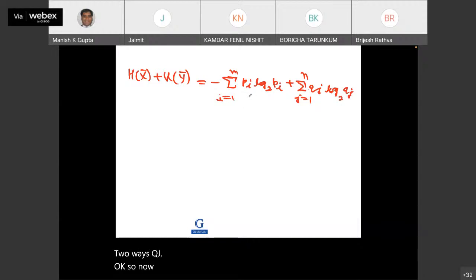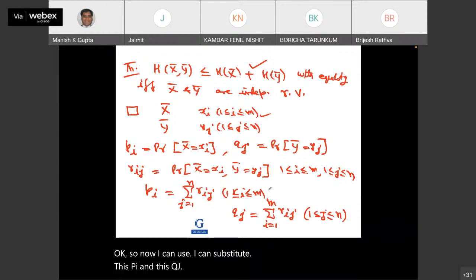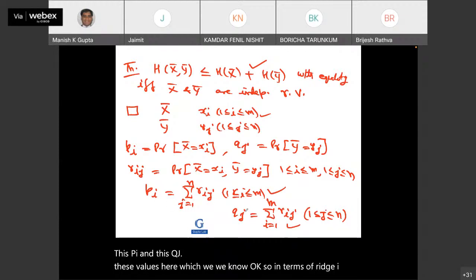Now I can substitute the values of pi and qj, which we know, in terms of rij.